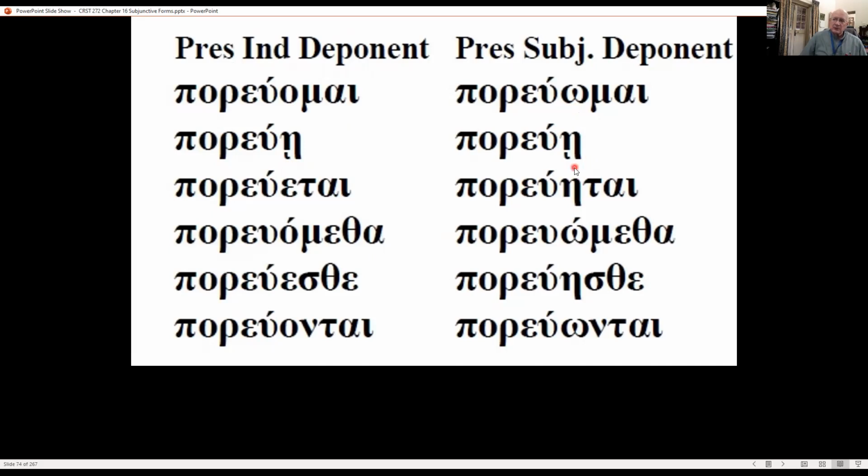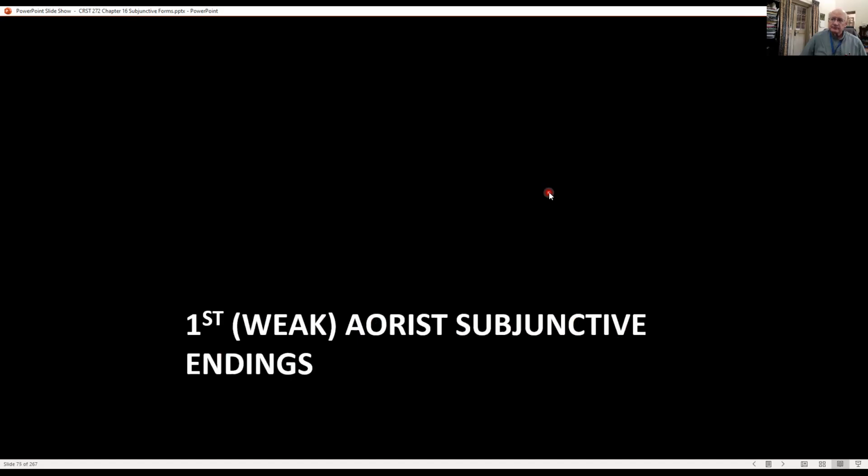So these could be confused. So we don't know, if this appears in the New Testament, if this is indicative or subjunctive, because they both look the same. The context will make it clear whether it's subjunctive or not.